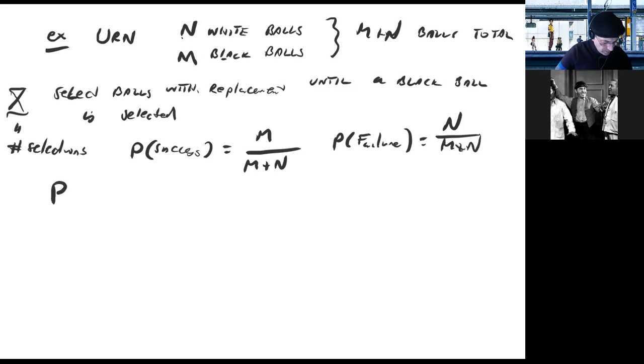Okay, so now what's the probability that X is equal to n? This gives the probability mass function.